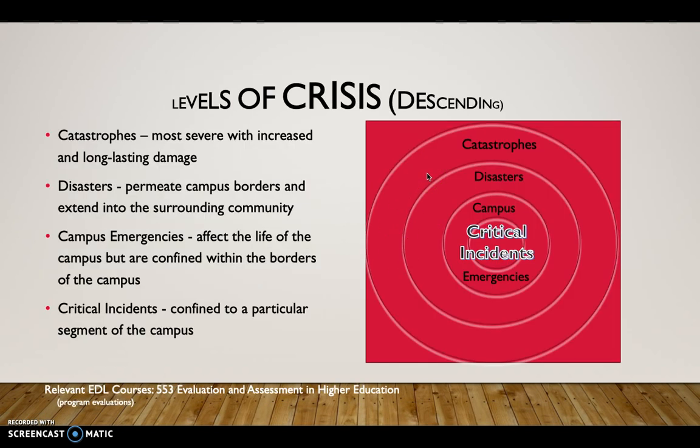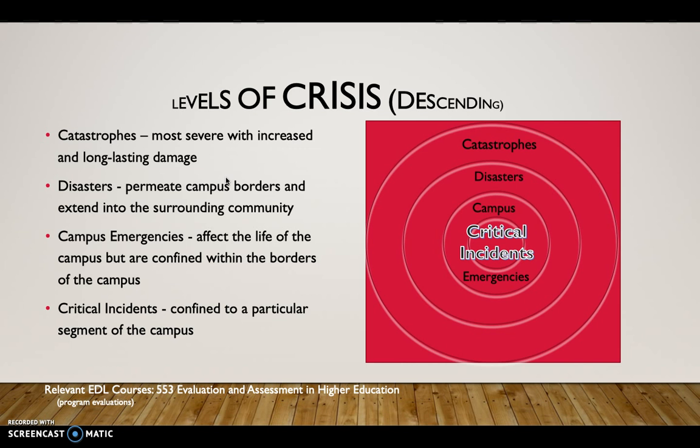The levels of crisis descend, starting with catastrophes. This is the most severe, with increased and long-lasting damage, as we've seen with the hurricane. We move down the rings to disasters, which permeate campus borders and extend into the surrounding communities, but are not national or as big as a catastrophe. It then goes to campus emergencies, which affect the life of the campus but are confined within its borders.